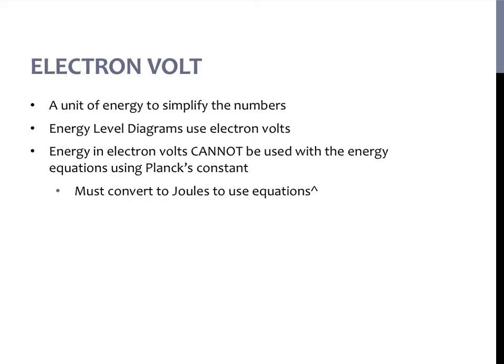But here we have another unit of energy known as the electron volt. And you'll see when you calculate using E equals hf, you're going to get these numbers with these big negative exponents. Electron volt helps to simplify these numbers. How? You're either going to multiply by this number.